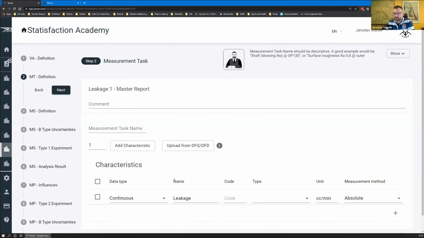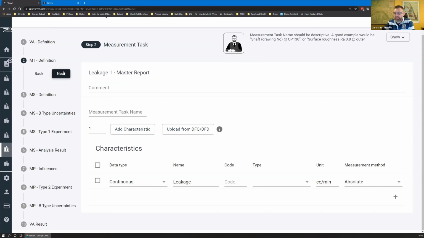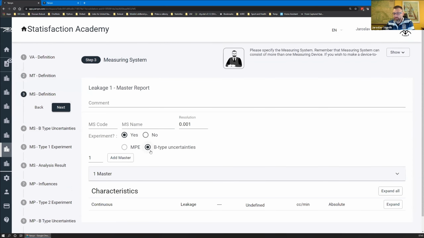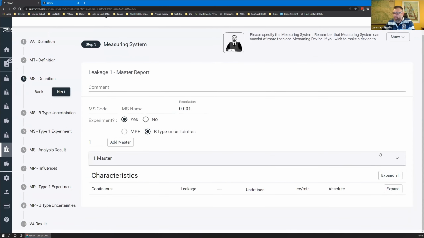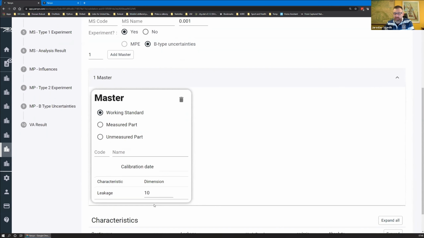So what do we know about the master? It measures one quantity, which is the leakage, and it's being measured in the lab compared to some other master. So on the calibration report, you will find the size, the dimension of that master, and it will be 10 cubic centimeters per minute in our case. That's what the laboratory device has on itself.